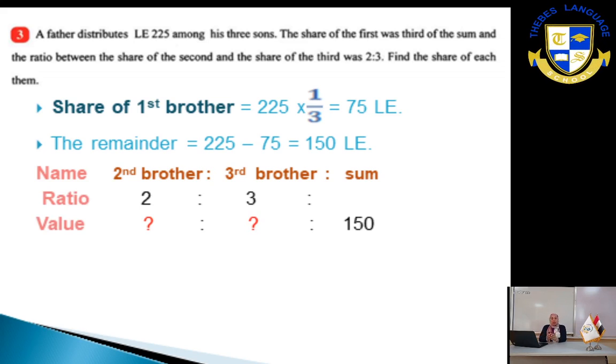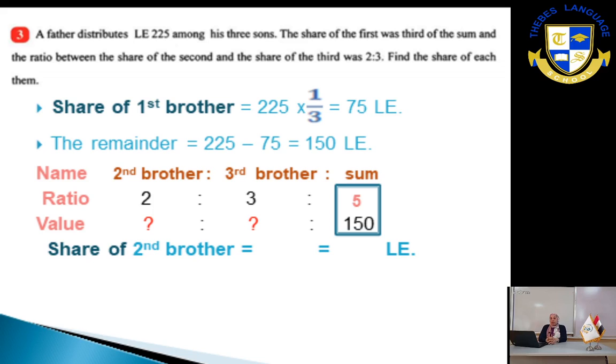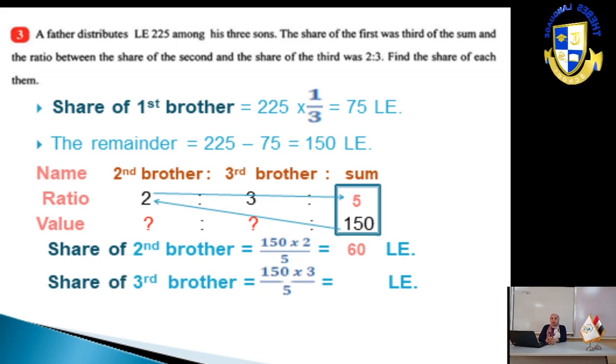We have here the sum, so we will add 2 plus 3, it's 5. Now we have a complete column. We should start multiplying to get the shares. Share of second brother, 150 multiplied by 2 over 5 equals 60 pounds. Share of third brother equals 150 multiplied by 3 over 5 equals 90 pounds.